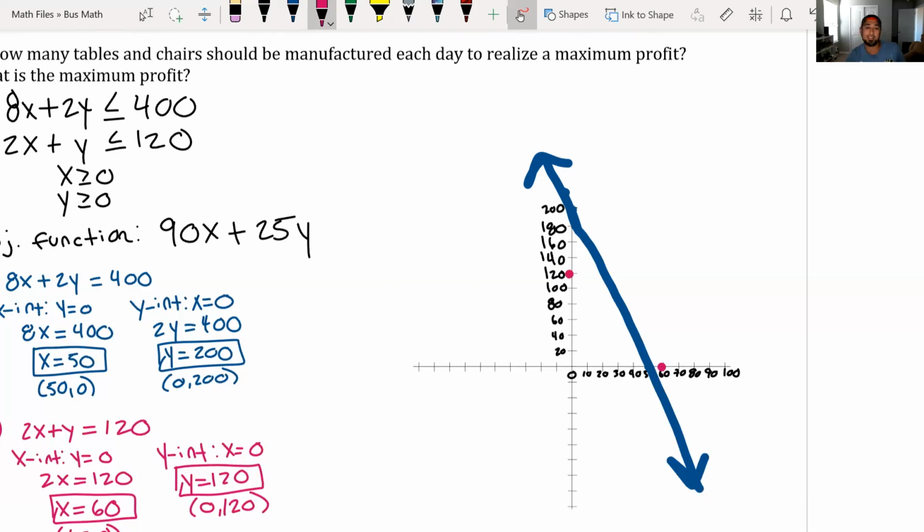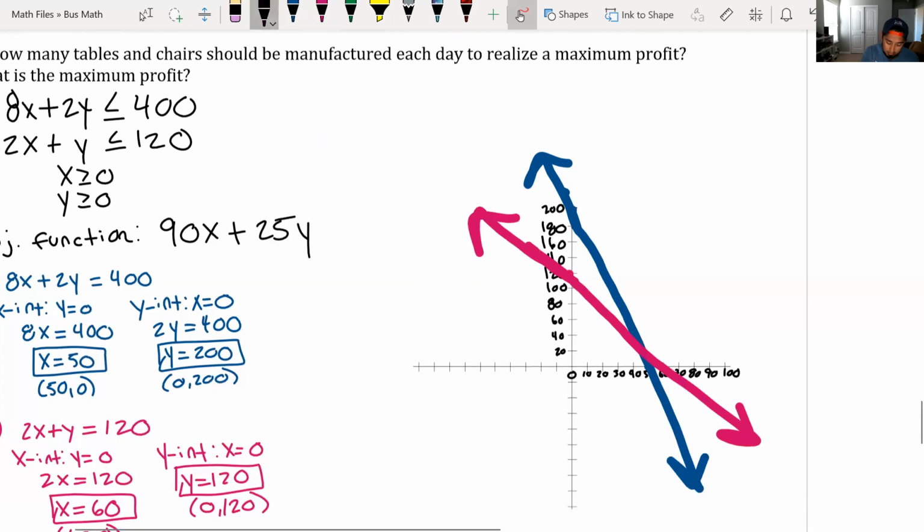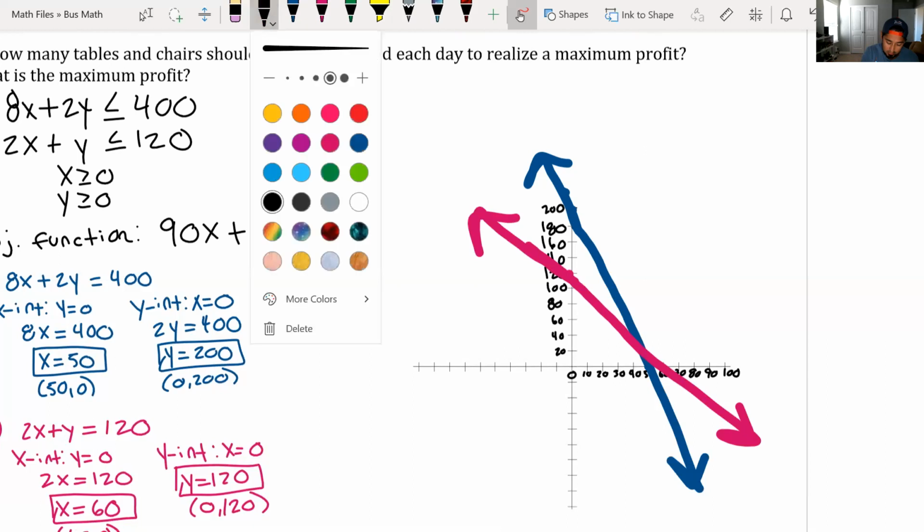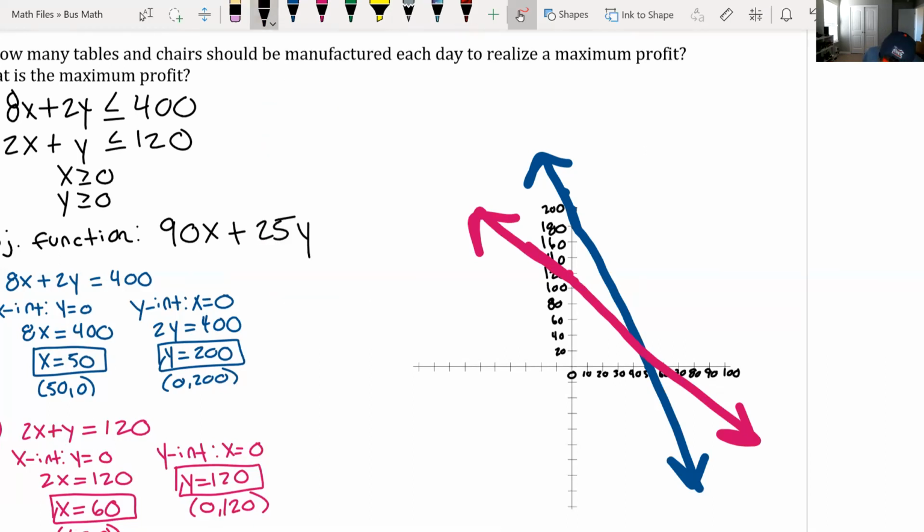I can't make a straight line to save my life. Okay. So we know that we're going to stay in quadrant 1, so I can probably highlight that a bit.